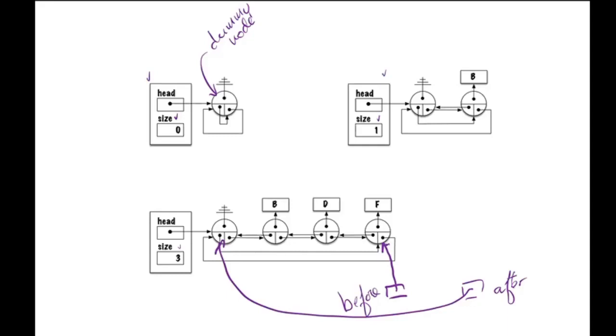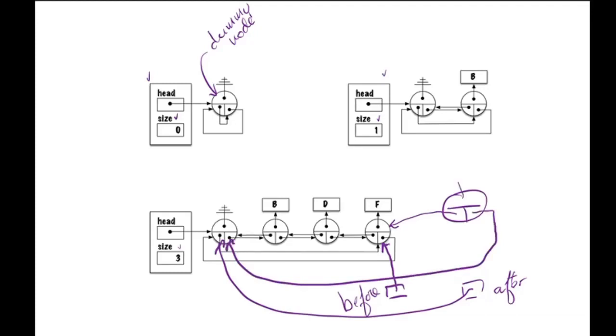With this, I can create a new node. The node before this node is designated by before. The node after is designated by after, so it's the dummy node.